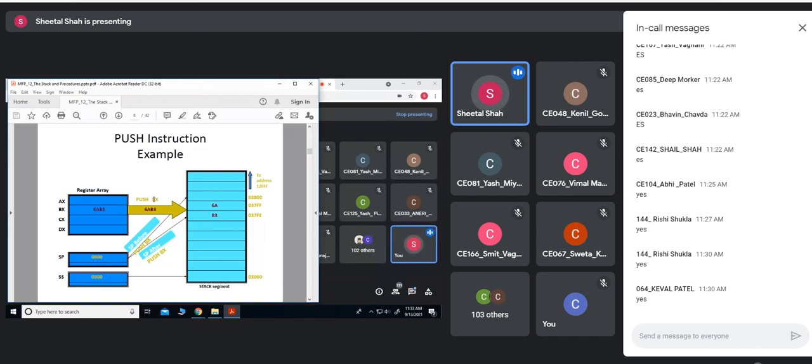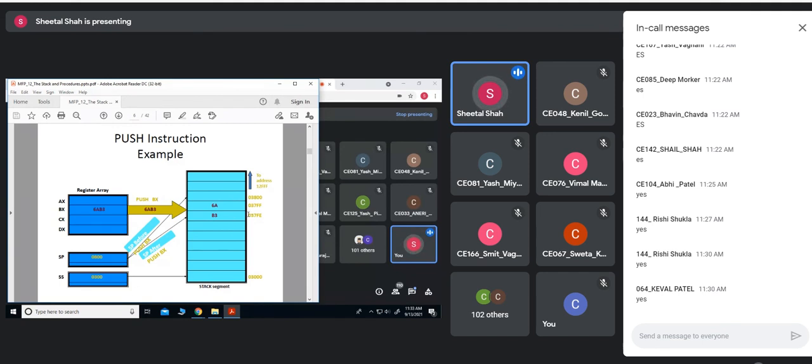Suppose now I am using push AX, and assume that AX has the values 1, 2, 3, 4. Where would the 1, 2 and 3, 4 be placed? What happens first? If the processor finds it is push AX, the stack pointer is decremented by 2.